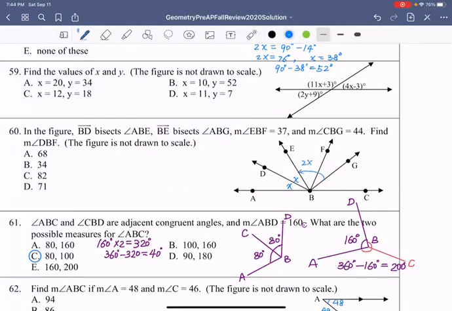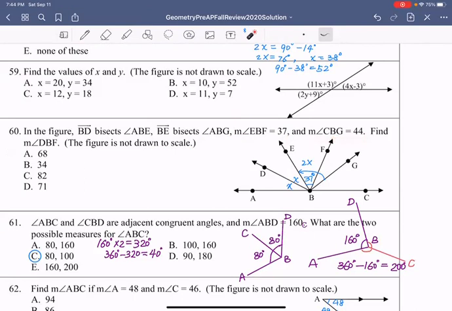Can I? Next. Measure of angle EBF equals 37. This is 37. Can I write down here? Yes. Next one. And measure of angle CBG equals 44.